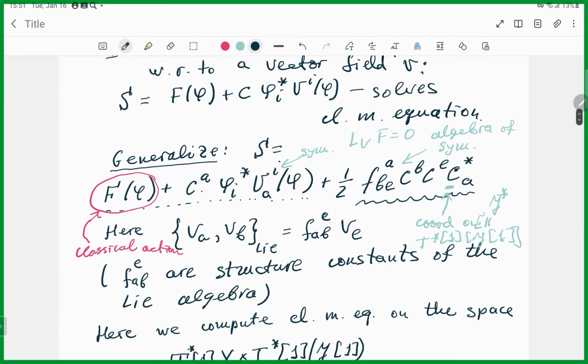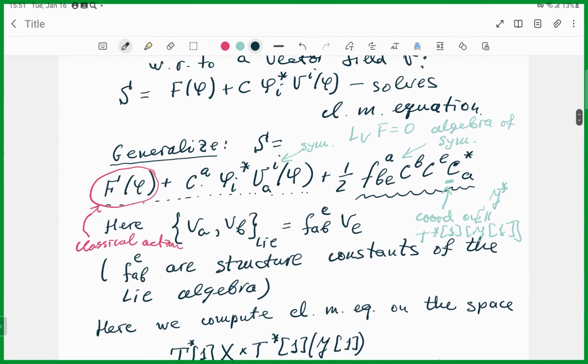So probably I went too fast. And this equation, s equals for phi plus something.